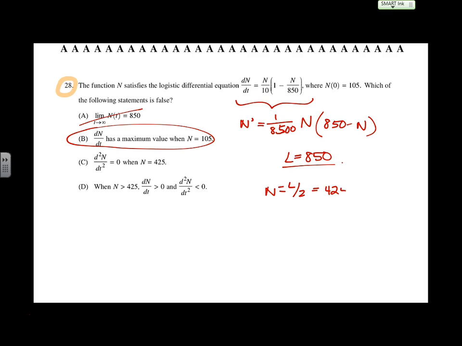Which is 425. But for letter C, the second derivative is a point of inflection, which is why that's true. And N above that point, the rate is positive but decreasing, so D is true too. Does that make sense, guys? Okay, cool.